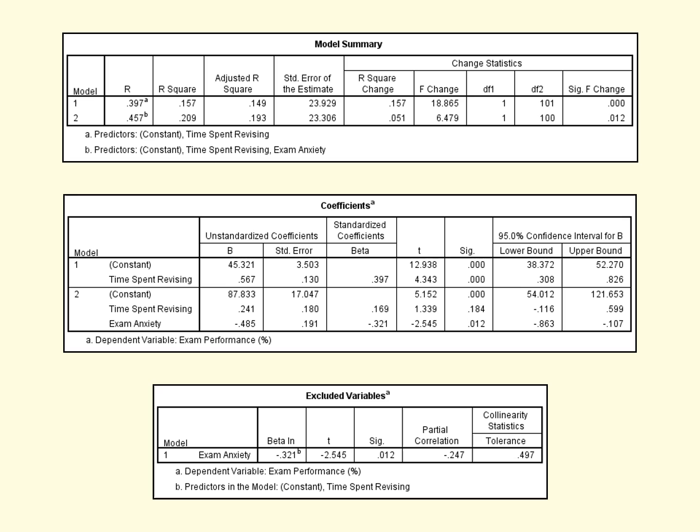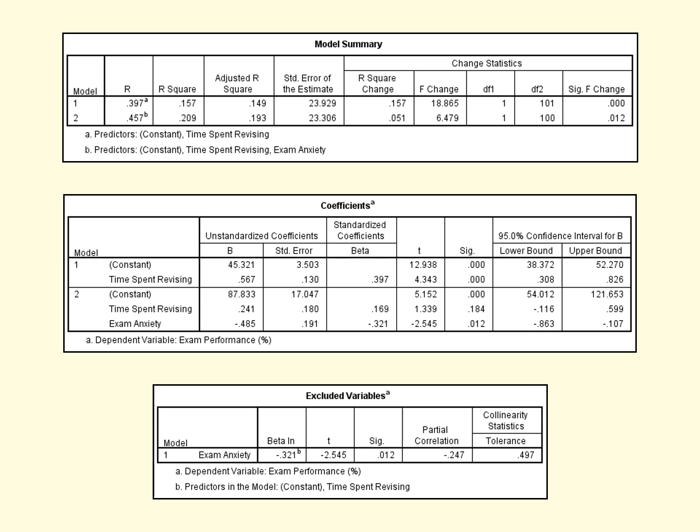Now here's the analysis when I ran the other order, that is entering time spent studying first in step 1 and then exam anxiety in step 2. If you look up at the top of the model summary, you can see that when time spent studying is in the model by itself, the model explains about 15 or 16% of the variance in the outcome variable, and that's significantly better than a compact model that has no predictor variables in it.